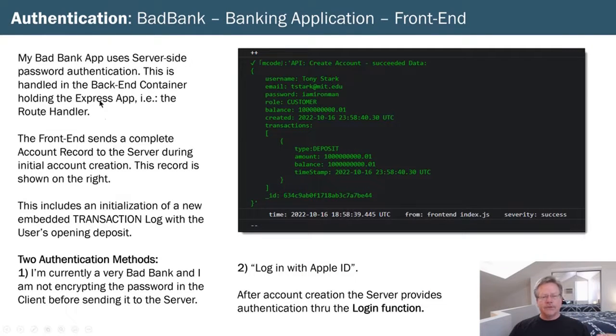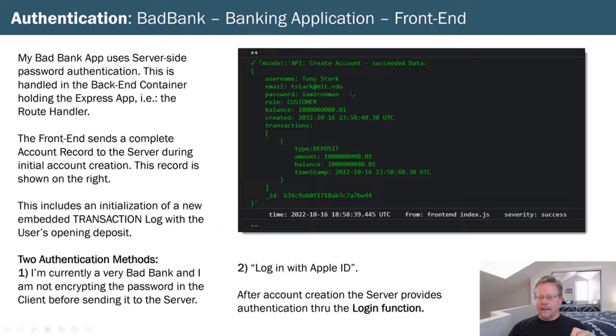For the authentication, I use server-side password authentication and handled all that in the backend container. The front end takes the data in the create user account component and then passes it complete back to the server for the storage in the database and for retrieval later.